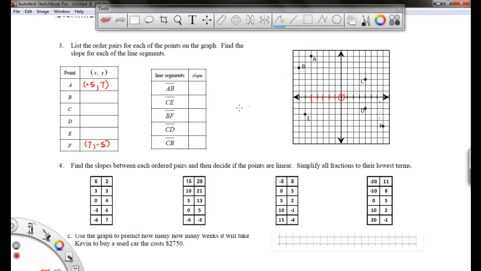Now we'll find the slope. And remember, the slope is how flat or how steep a line is. So if we look at the points, let's do this big one here. We're going to do from B down here to F. So what I like to do is just kind of try to make a triangle.